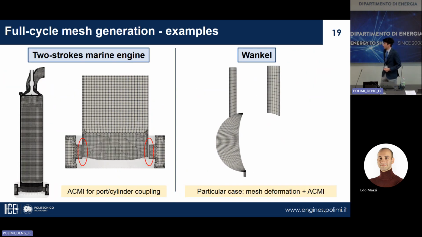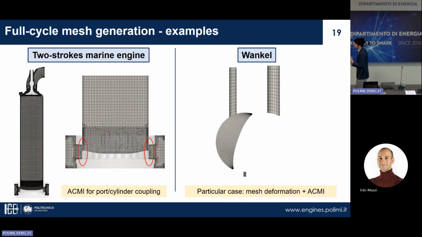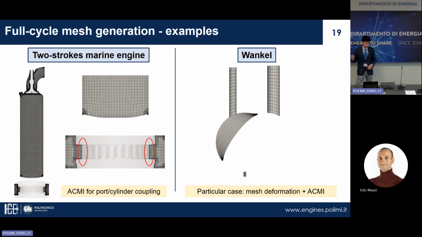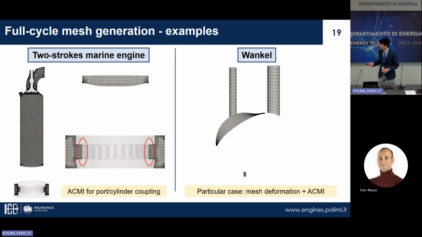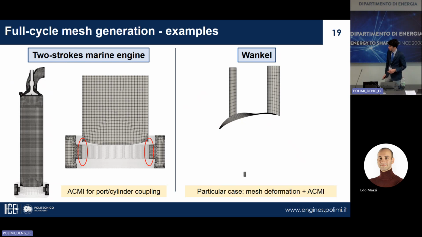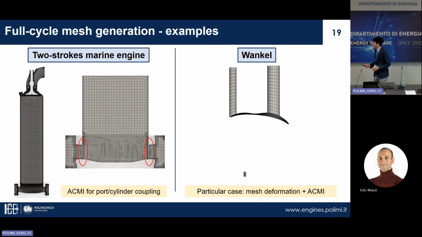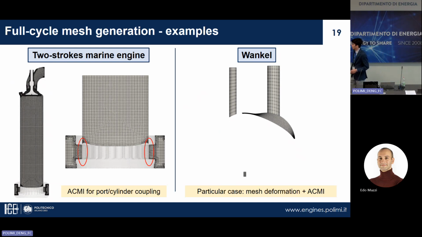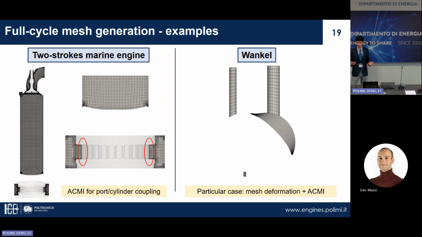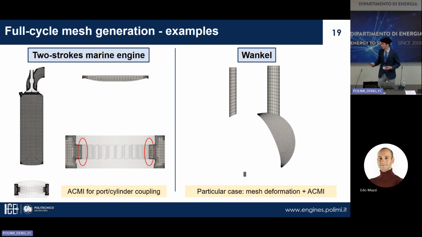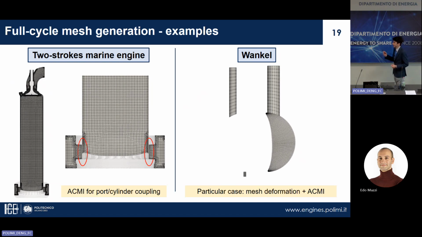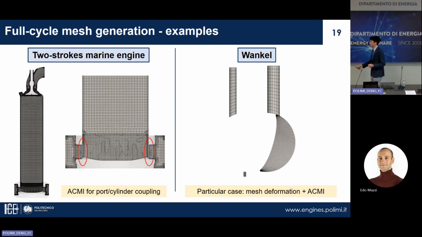As I mentioned, it's not only about four-stroke engines, but also two-stroke engines. Here I reported a two-stroke naval engine. Here you can see that we use the ACME coupling for the coupling between the intake ports and the combustion chamber.